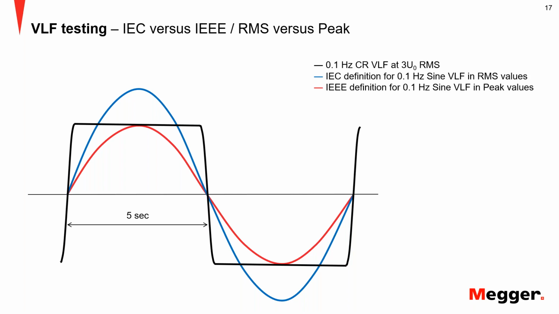And the problem here is that what you're trying to do during the test is directly related to the RMS and not to the peak. Yes, ignition of a weak spot is a function of the peak voltage, but that's not the issue here. The growth of the trees, as you will see in a second, is a function of the energy, and the energy is related to the RMS.